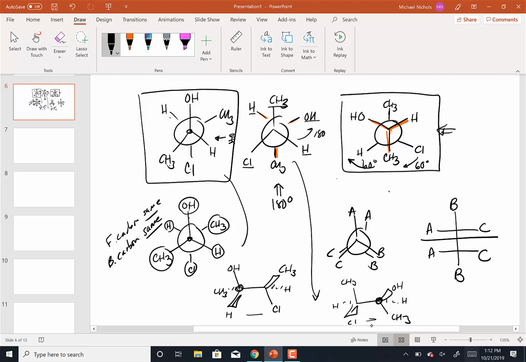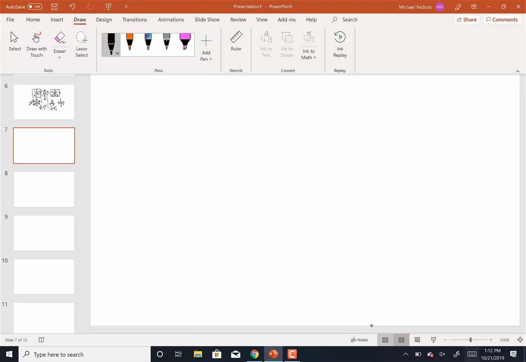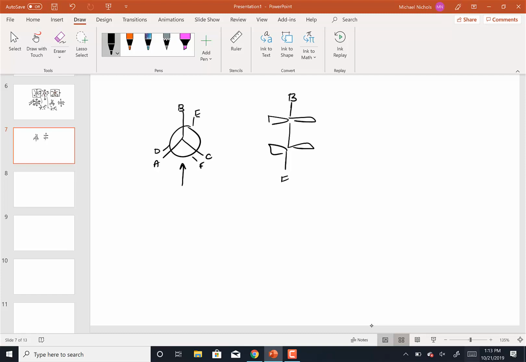Putting it into a Fischer projection would require putting it into this eclipsed form, looking at it from underneath, so that if I had A, B, C, D, E, and F, B would be here, E would be here, and then A, C, D, F. So you could look at it from underneath and put it into a Fischer and then make the comparisons.